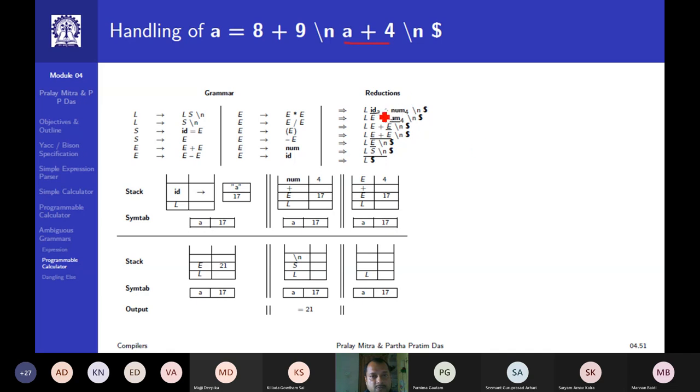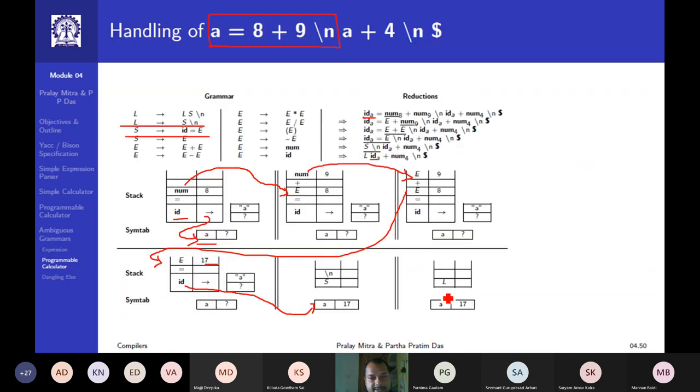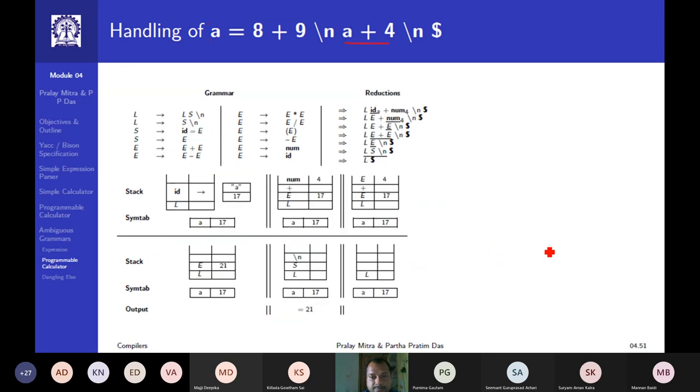So a is my identifier, so that will be inserted into the stack. Previously it was L, because this L was not popped out, and also that variable a. Okay. Now L is here.